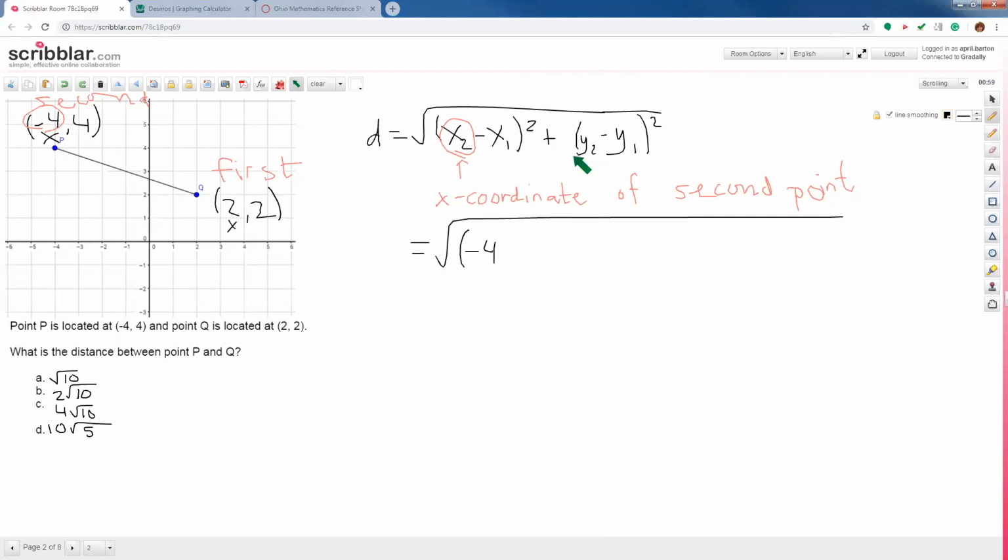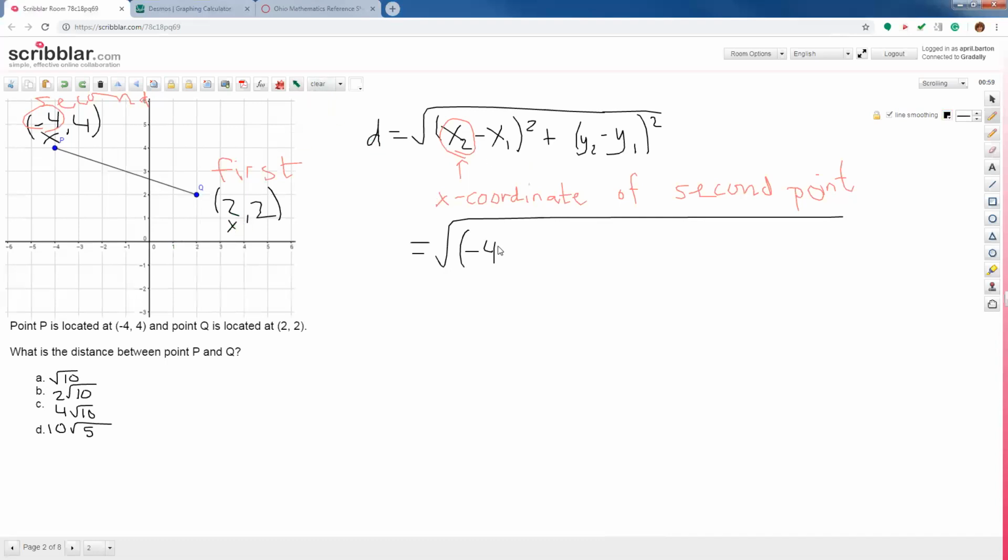So then what's X1? What's the X value of the first point? Okay. The first point is, it'd be 2. X value of the first point is that 2.